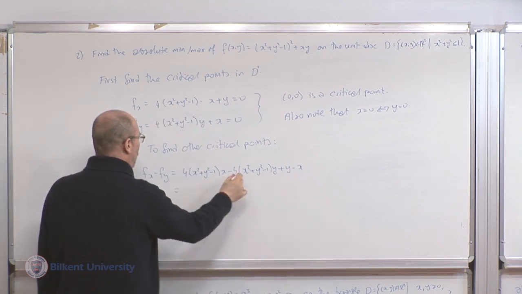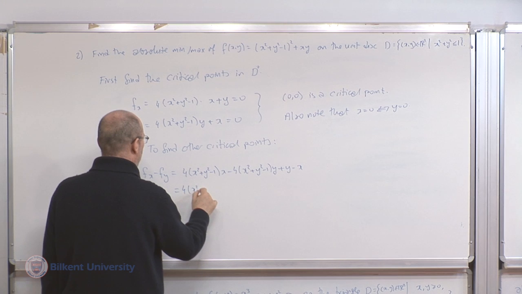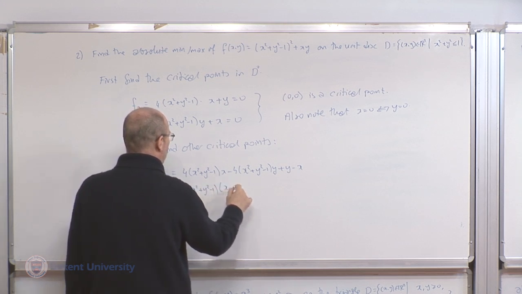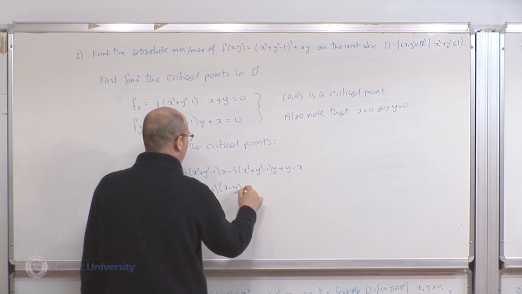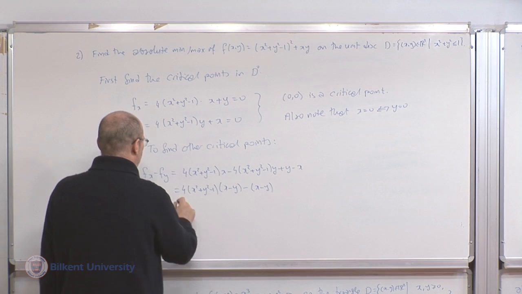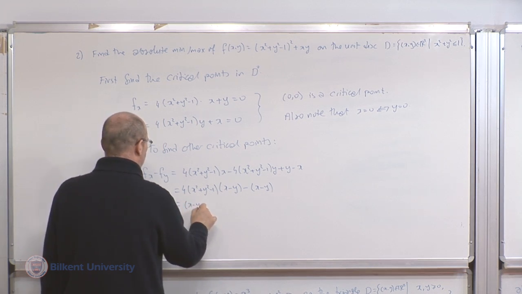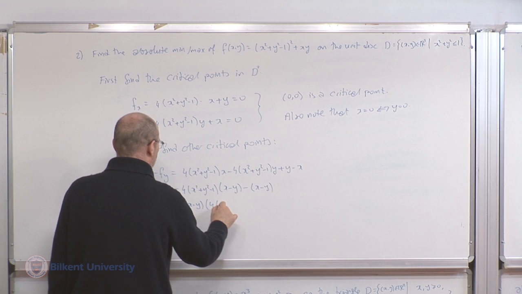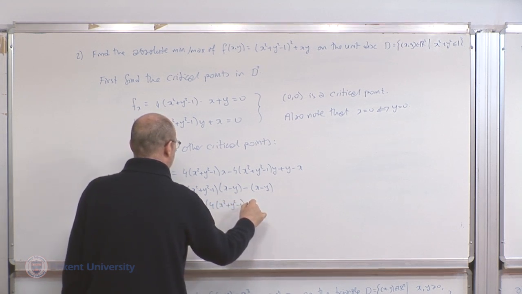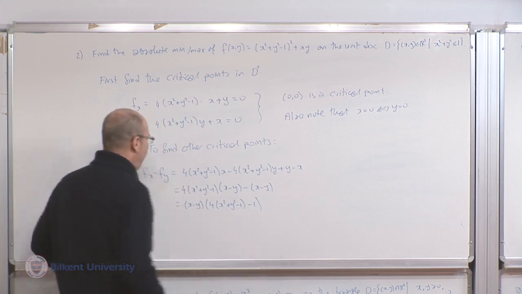So maybe you want this out: 4(x squared plus y squared minus 1)(x minus y). Let me also make this x minus y. Then I have (x minus y) times (4(x squared plus y squared minus 1) minus 1).